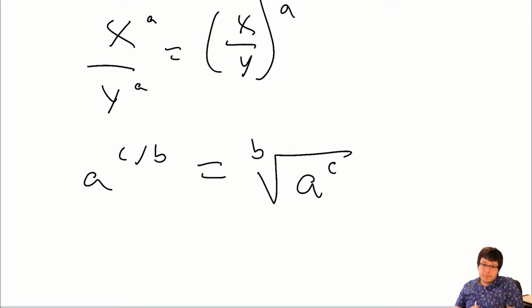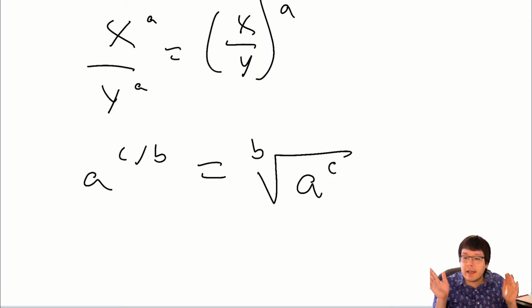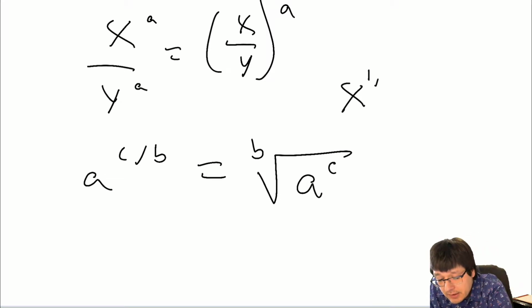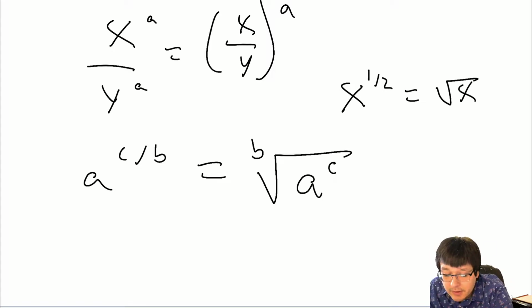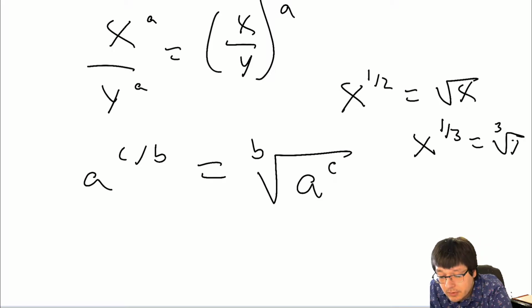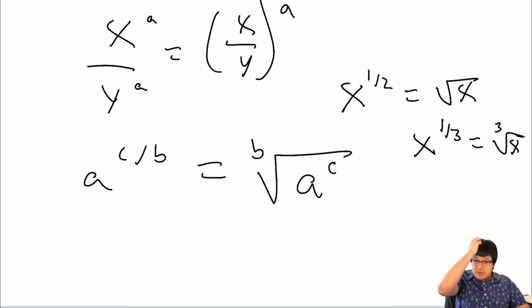Okay, so basically, when you see like x to the half power, that is the same thing as saying the square root. So like this is the same thing as saying square root of x. And technically speaking, any root. So like, that would be the cube root. Okay? So that's just the extended case of that.